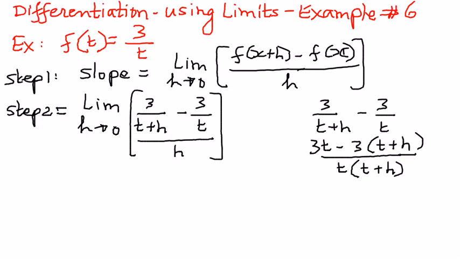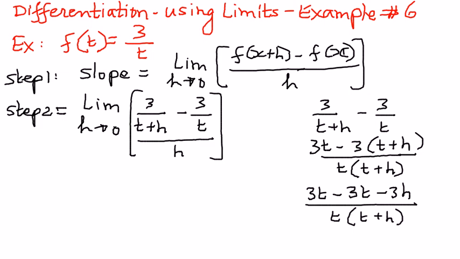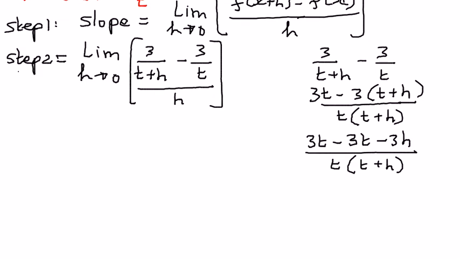When we simplify, it is going to simplify to 3t minus, and we're going to distribute the negative 3 to every one of the terms inside the parentheses. Negative 3 times t is negative 3t, negative 3 times h is negative 3h, the whole thing divided by t times t plus h.